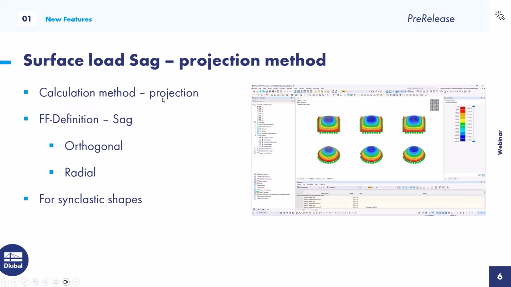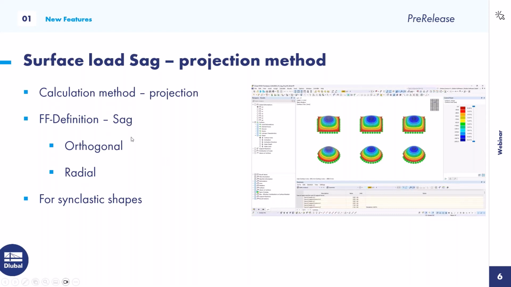Maybe you have taken part in my latest webinar where we checked cushions. There we showed the surface load SAG for the standard method, and now we filled the gap and are also going to introduce the surface load SAG for the projection method. So for the definition of SAG, you only have to define a ratio of your inner forces and a SAG of a bending height.